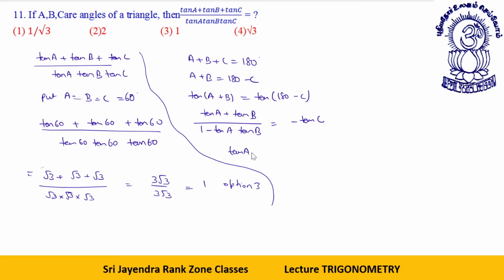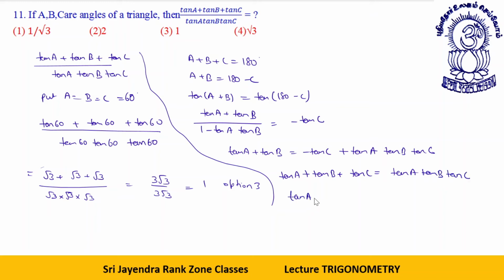Look, this is tan A plus tan B is equal to minus tan C plus tan A tan B into tan C. This will be like tan A plus tan B plus tan C is equal to tan A, tan B, tan C. Or I can say tan A plus tan B plus tan C divided by tan A, tan B, tan C. This comes over here and gets divided.